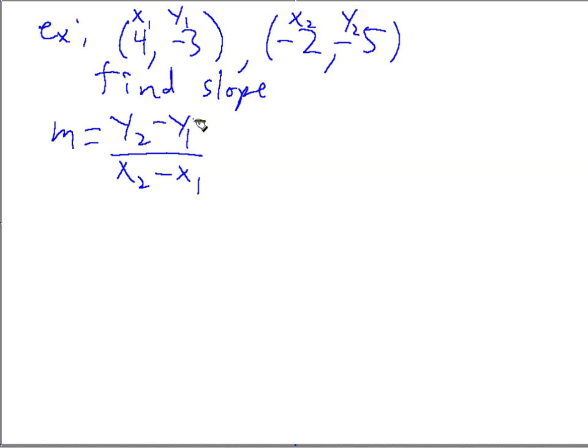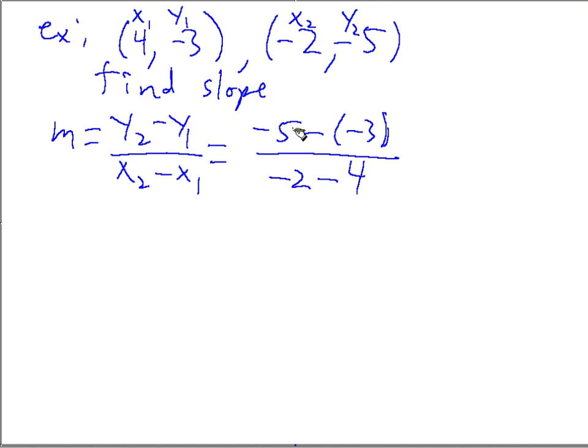So let's plug them in. Y2 is negative 5, so negative 5 minus y1. Y1 is negative 3, so minus negative 3. Make sure you plug in using parentheses for the negative numbers, especially the y1 in this case. Then over x2, negative 2, minus x1, which is positive 4, so minus 4.